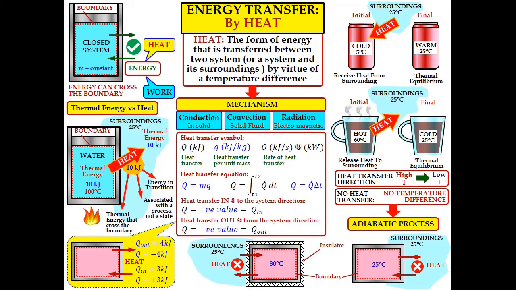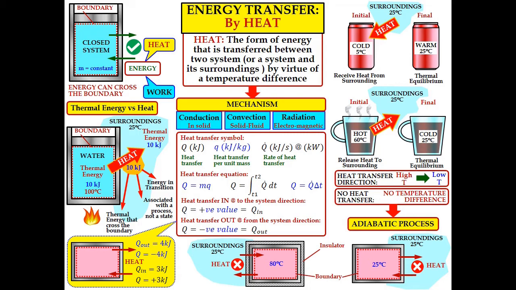In thermodynamics, if the sign for heat transfer is positive, we understand that the heat transfer is into the system. If the heat transfer value is negative, the heat transfer process refers to heat transfer out of the system, or heat transfer from the system. So the value will be negative. Let's say we're not sure about the sign or the direction of the heat transfer.